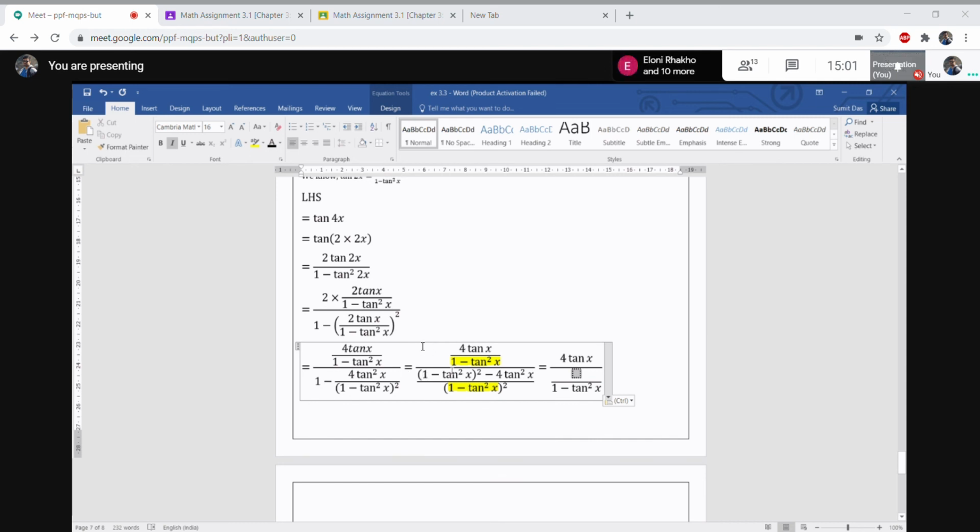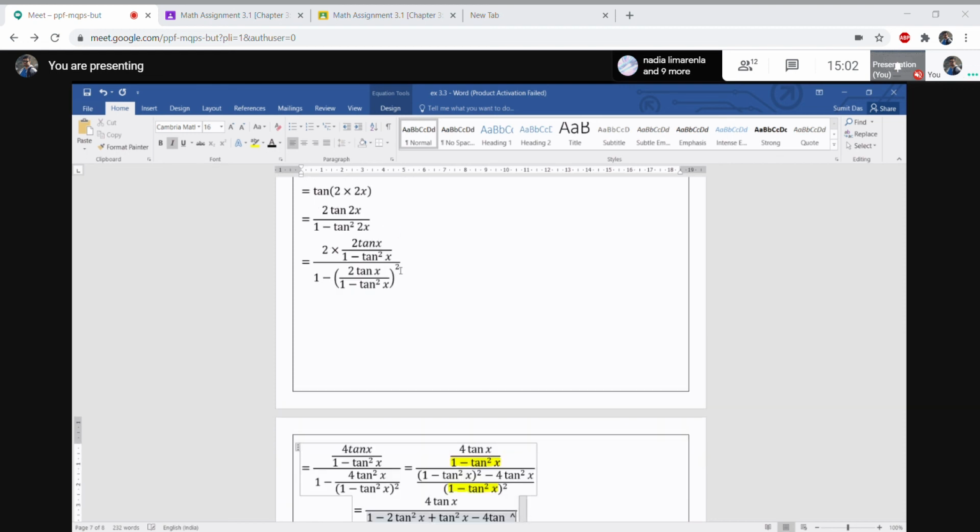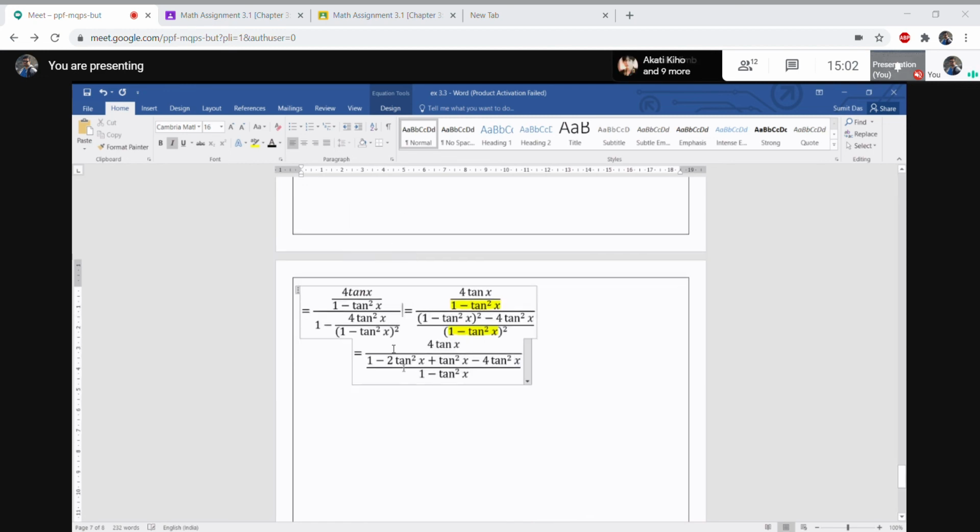If you use the formula, it will be 1 minus 2 tan square x plus tan square x, sorry, tan to the power 4 x, minus 4 tan square x. Just wait, I will just write like this.